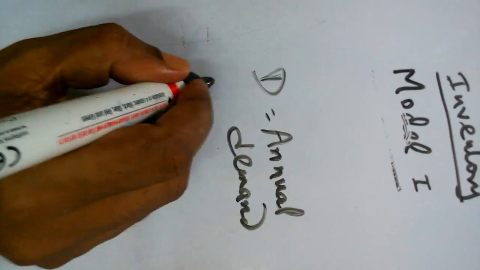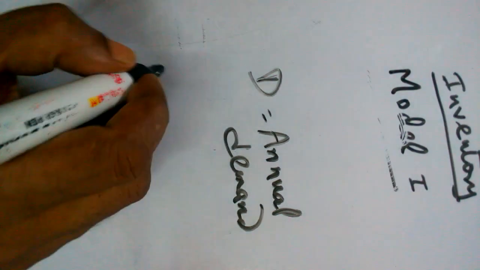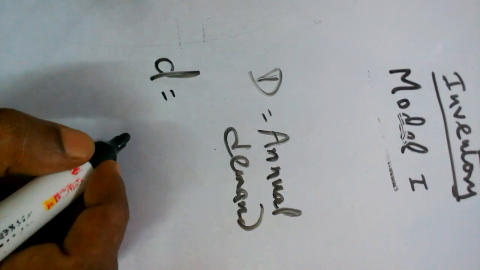If you know the monthly demand, then total annual demand will be monthly demand into 12. But if it is daily demand, then there is a problem. Then D is small letter we denote. Small letter d is not the total demand. Annual demand is capital D. Small letter d is daily demand.